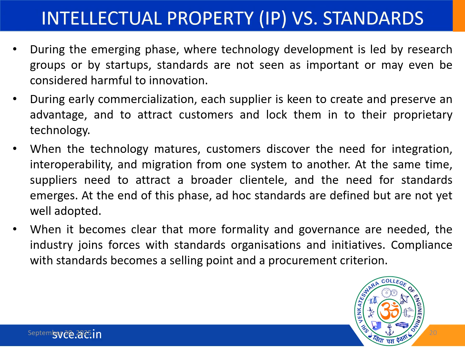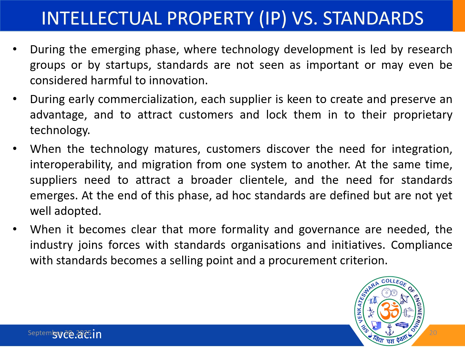Next we'll move on to intellectual property versus standards. As you all know, we have some basic idea about intellectual property and standards. Here we'll discuss these in detail. During technology development, it is led by research groups, and we have some standards for adopting the innovation and technology.